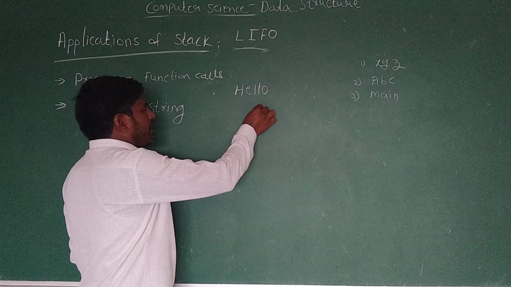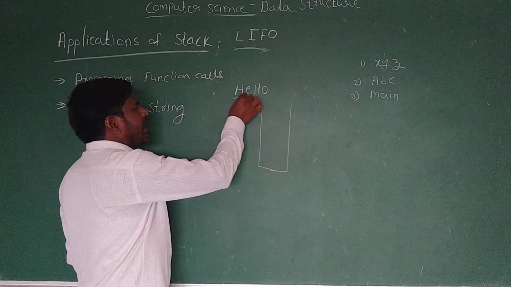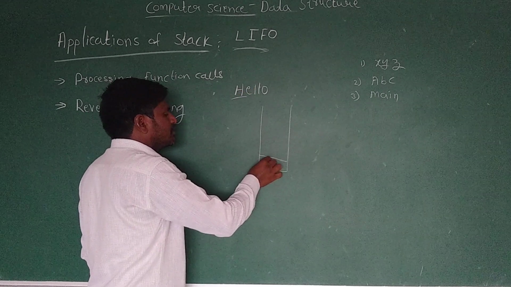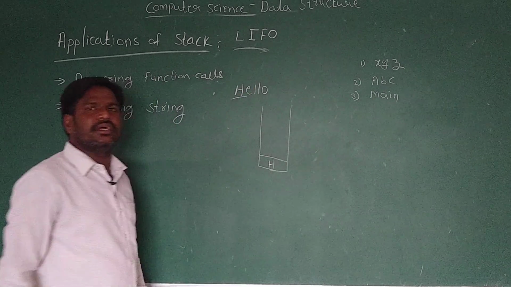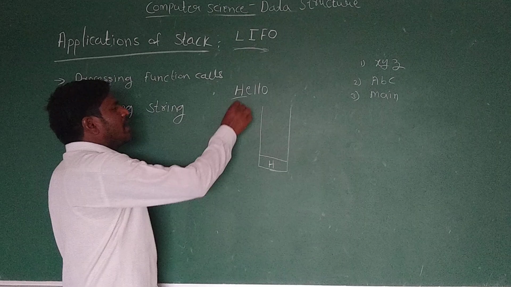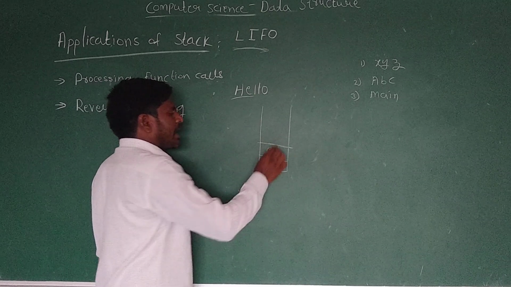I will take the first element, h, and push it into the stack, so the h will be at the last position. Again I take the second element and push it into the stack.